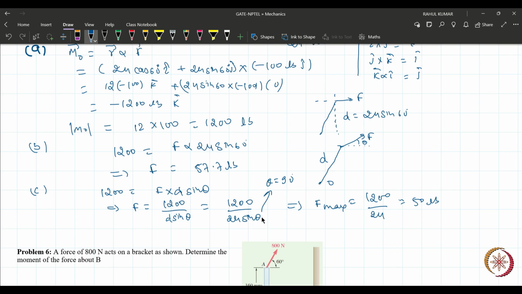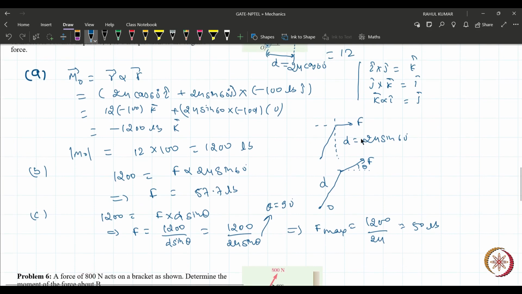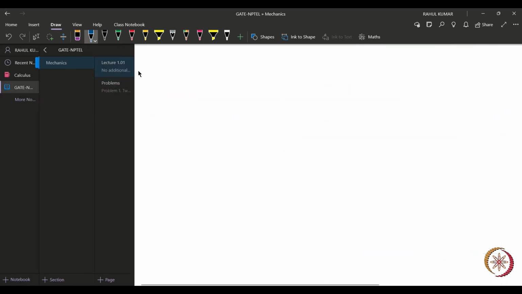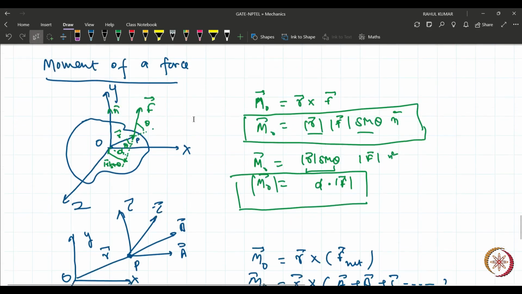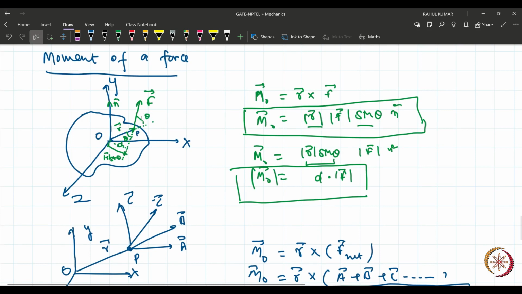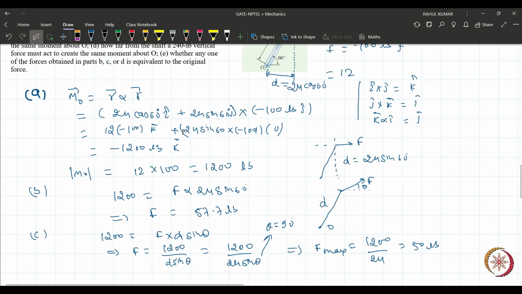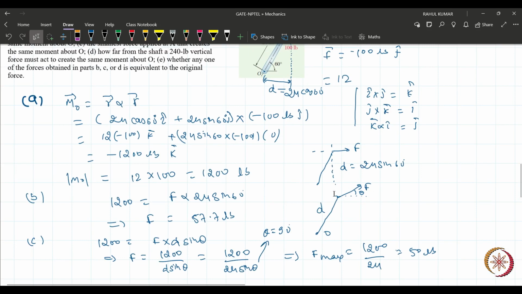Sir, actually, the theta must be the angle between D and F, right? Did you see the definition of torque? What is theta here? Theta is nothing but the angle between the position vector and the force vector. Here the position vector is this.